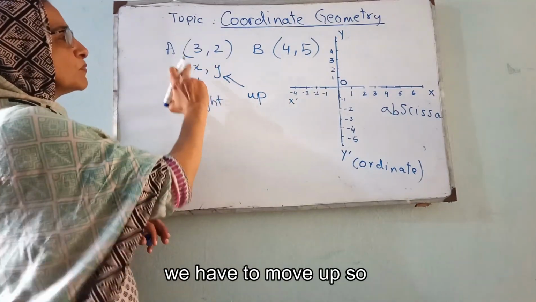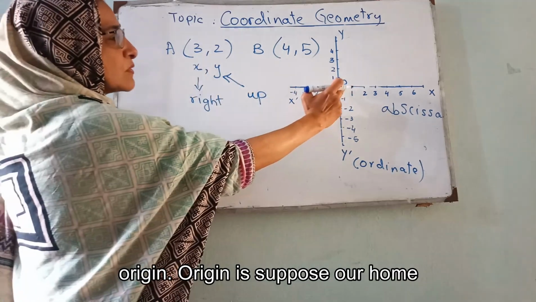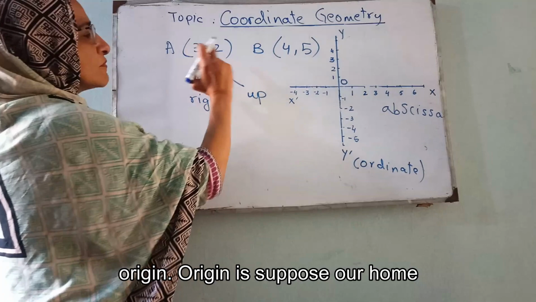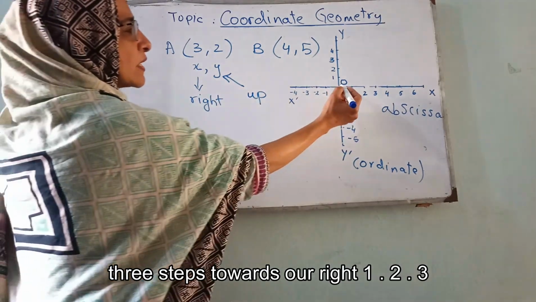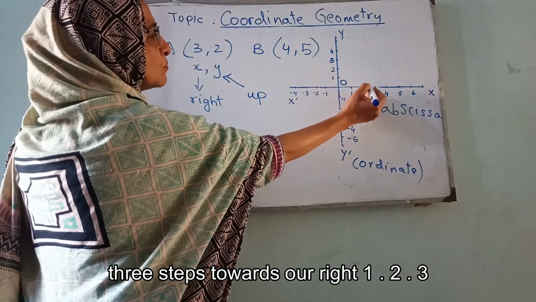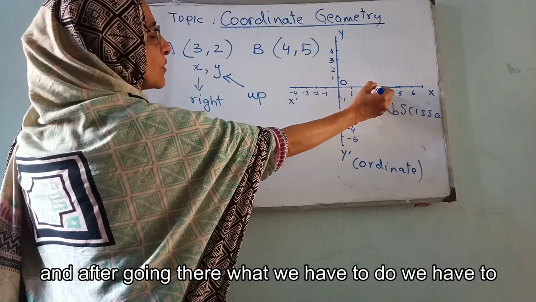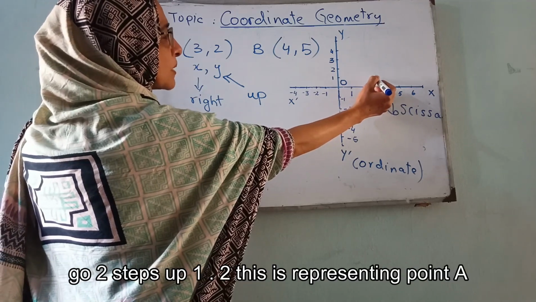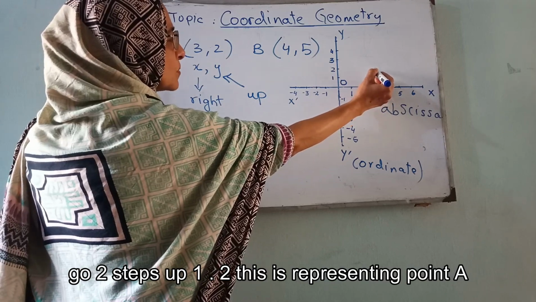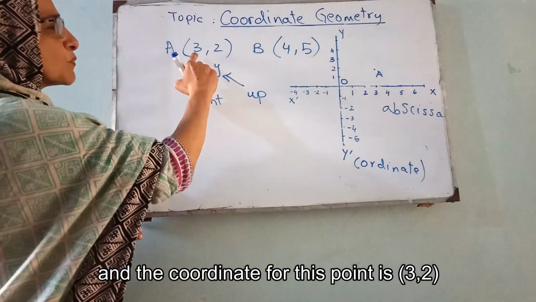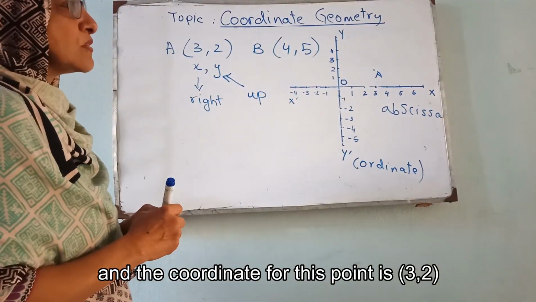We move from the origin, which is suppose our home. From this origin, we move 3 steps towards our right: 1, 2, 3. After going there, we have to go 2 steps up: 1, 2. This is representing the point A, and the coordinates for this point are 3 and 2.